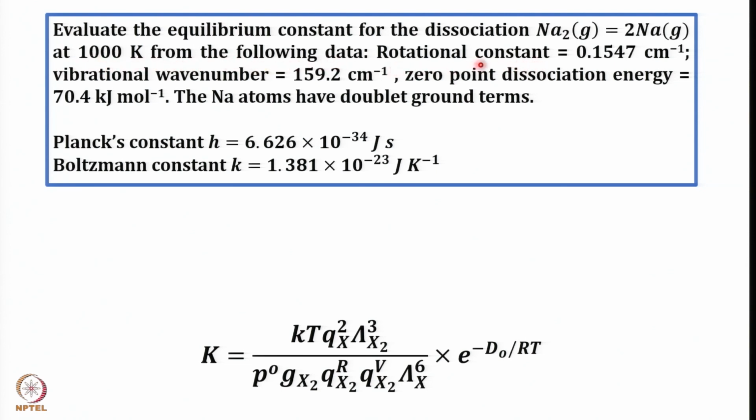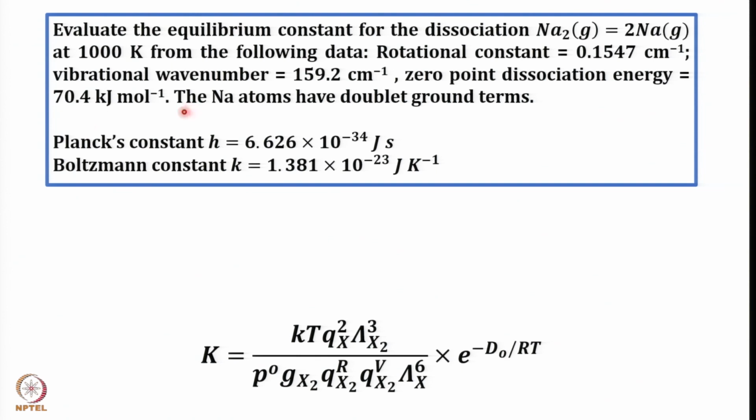Rotational constant is given for Na2, because Na cannot rotate, as 0.1547 centimeter inverse. Vibrational wave number, also given for Na2, is 159.2 centimeter inverse, and the zero point dissociation energy, also for Na2, is 70.4 kilojoules per mole.